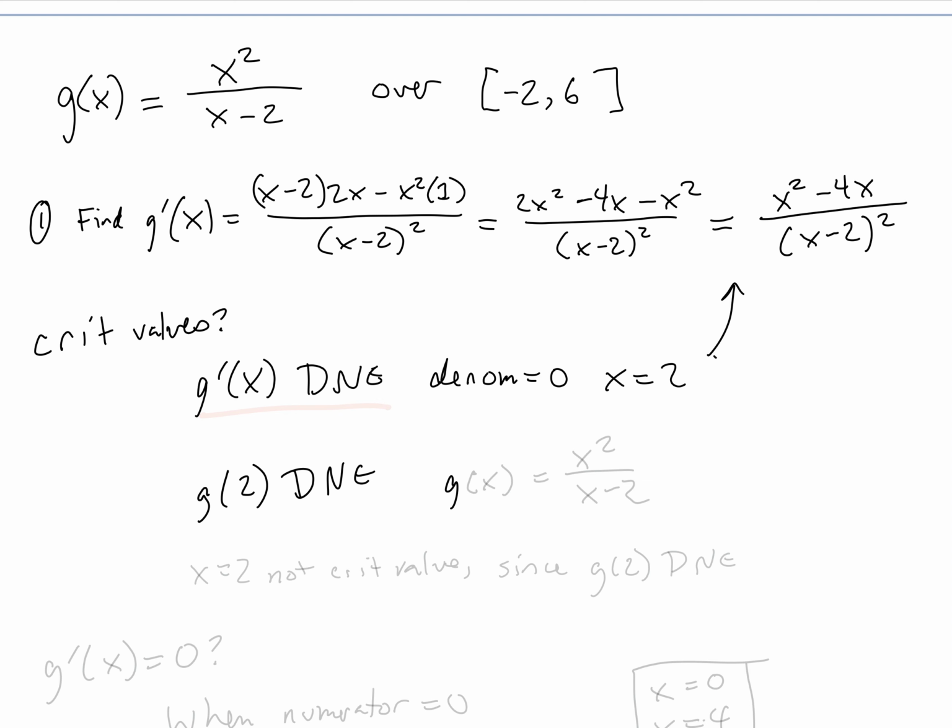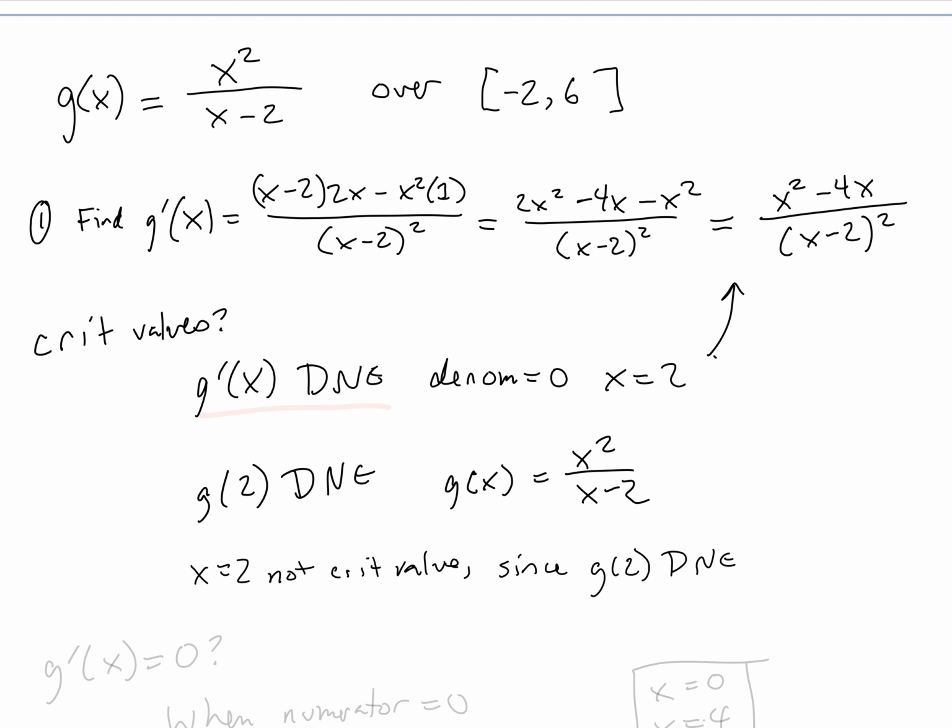So g of x was x squared over x minus 2, and that is a situation where, again, our denominator is equal to 0. So because g is also not defined at 2, x equals 2 is not actually a critical value, because since g of 2 does not exist, because g is not defined at that point, it can't be a maximum, it can't be a minimum, it is undefined.